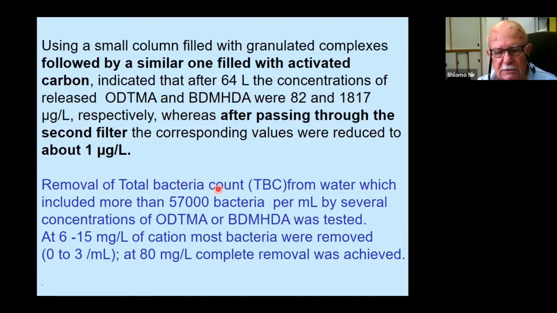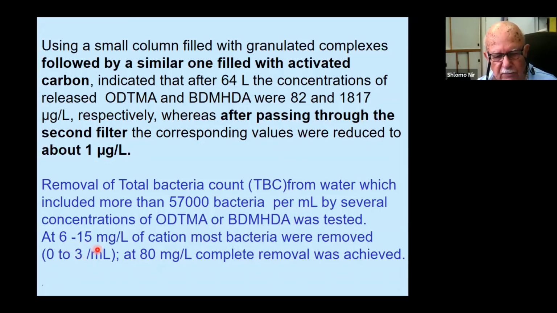The second experiment was taking vessels with a large number of total bacteria count, above 57,000 bacteria per ml. And then we added equal concentrations of ODTMA or BDMHDA and measured the outcome.